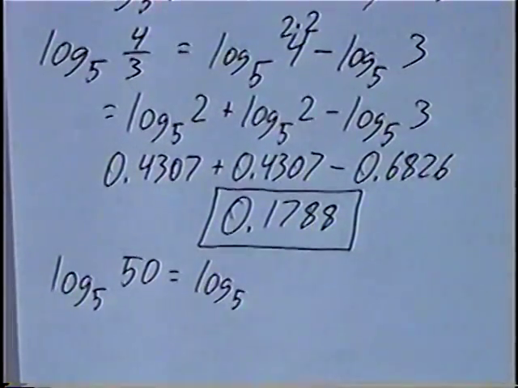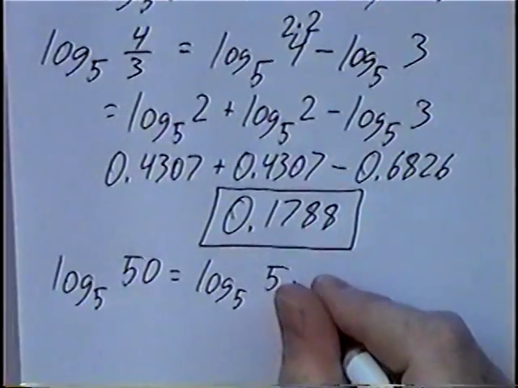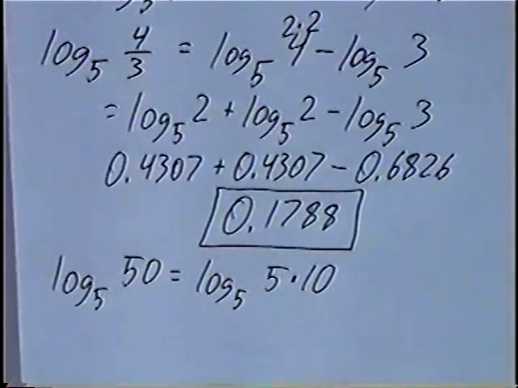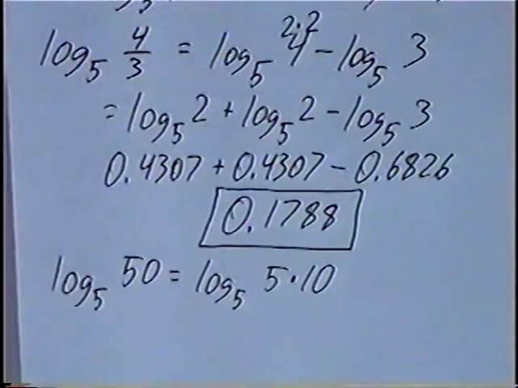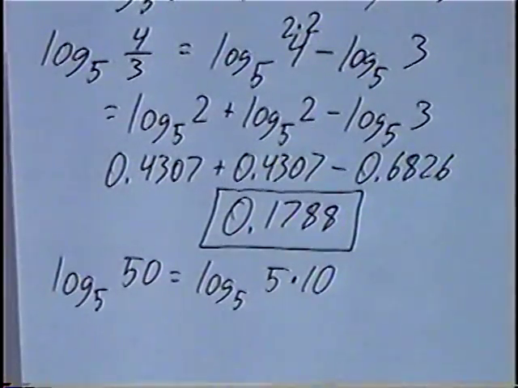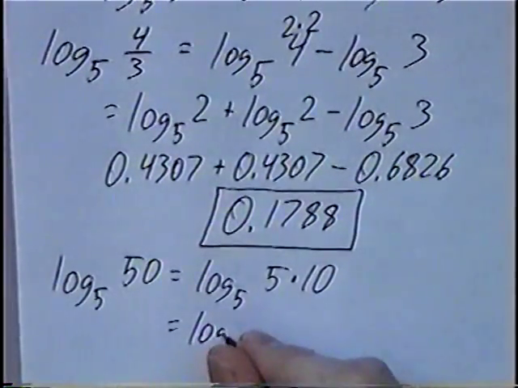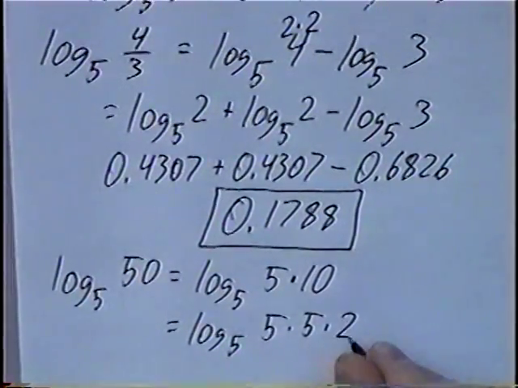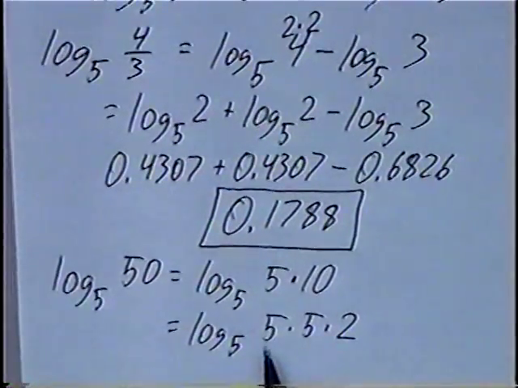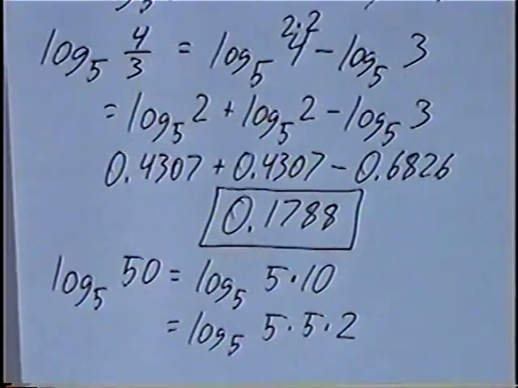For example, if we write out 50 as 5 times 10, we'll have log 5 base 5 and log 10 base 5. The 10 we can also write out as 5 times 2. So 50 will be the same as 5 times 5 times 2.